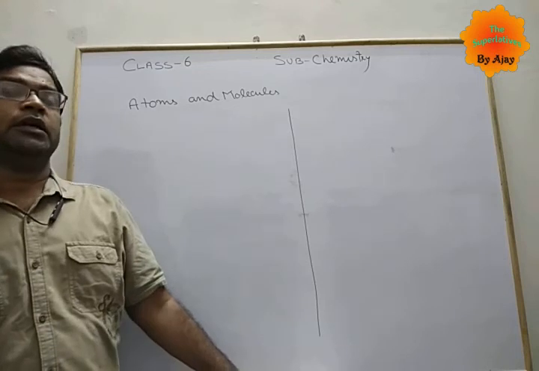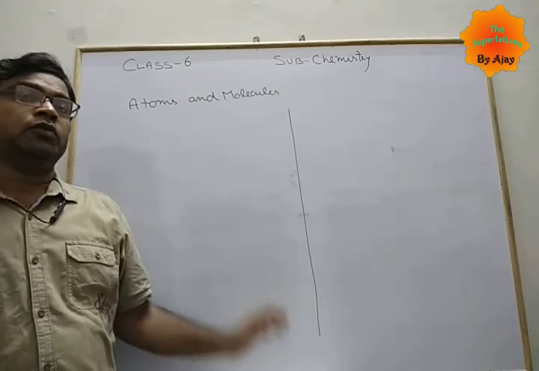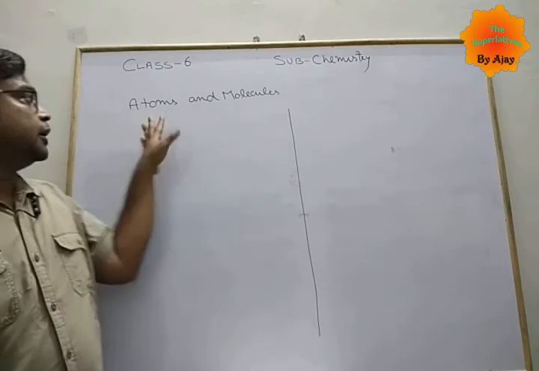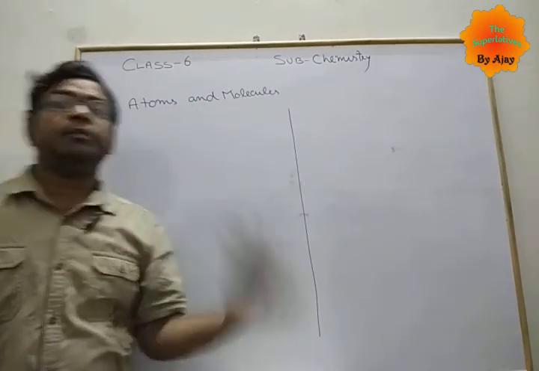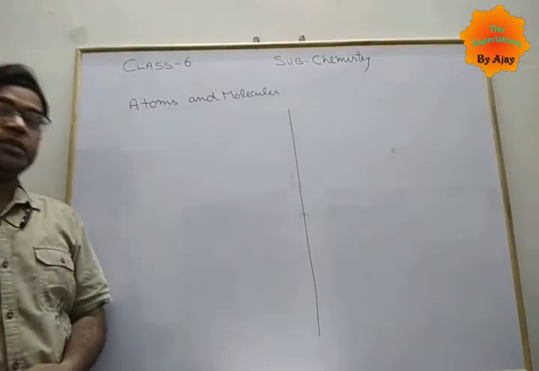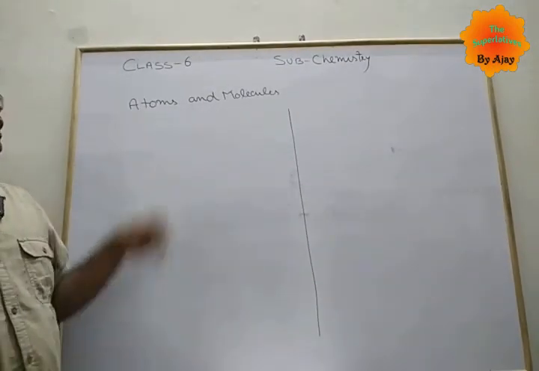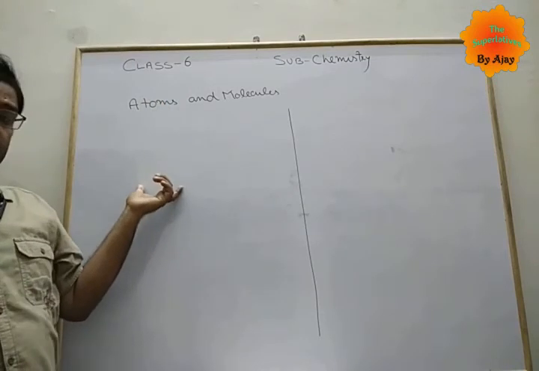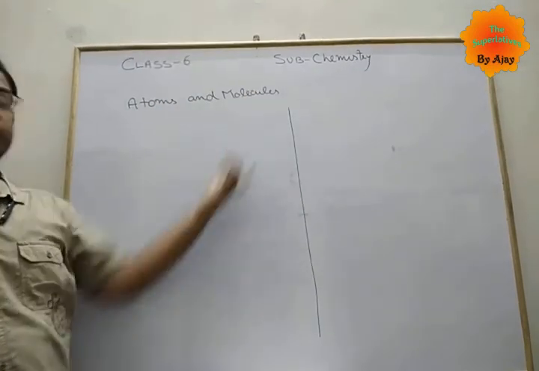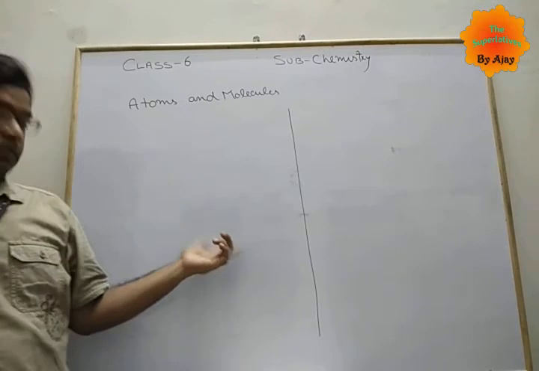These tiniest particles come under the category of atoms and molecules. Depending upon the condition, depending upon the substances, in some substances we have atoms as the smallest part. In some substances we have only molecules as the smallest part. That we discuss right now.